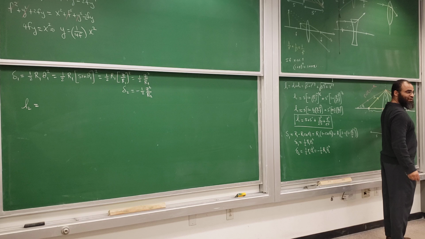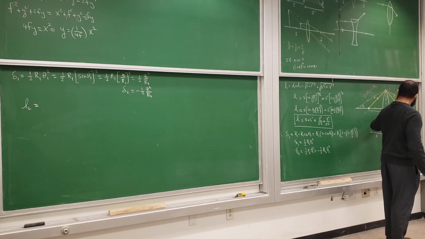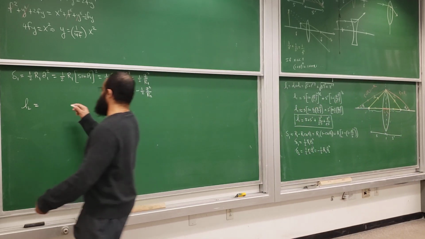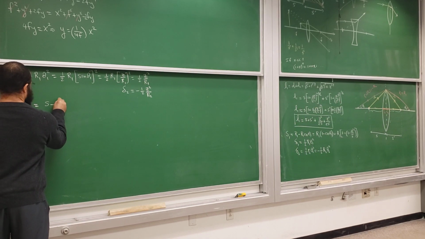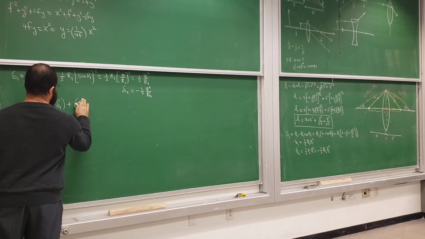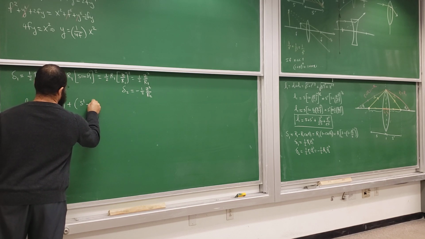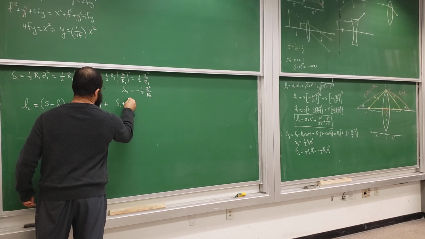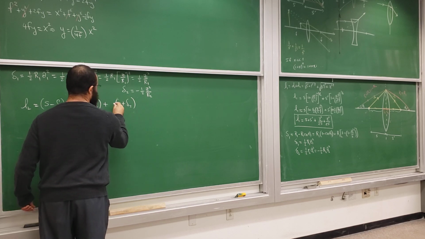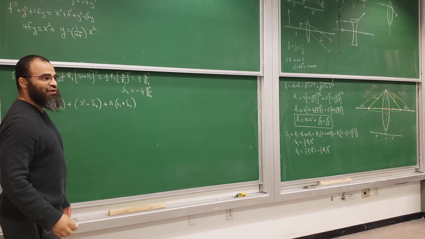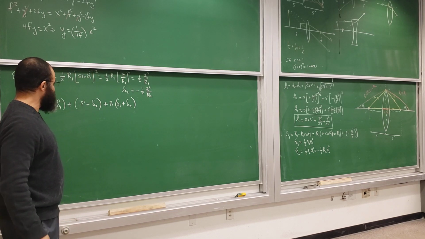And this one is s prime minus delta 2. And then plus the middle here that we have to multiply by n. So s minus delta 1 plus s prime minus delta 2 plus n times delta 1 plus delta 2. That distance needs to be inflated by a factor of n, because there is an index of refraction.